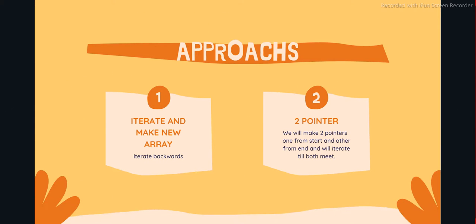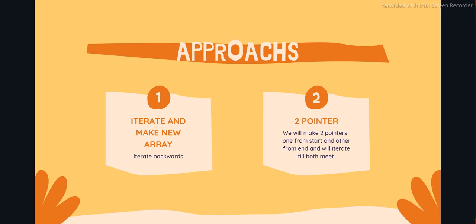So the approaches are, we can iterate the array from backwards, go till the front and make a new array by copying the previous elements, or we can use the two pointer approach. You all must be thinking, what is two pointer?